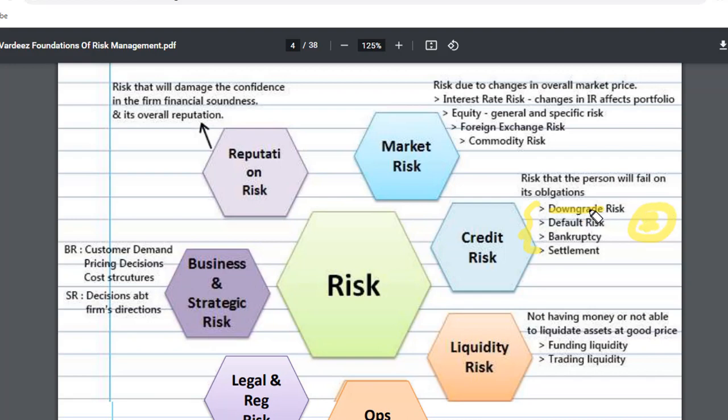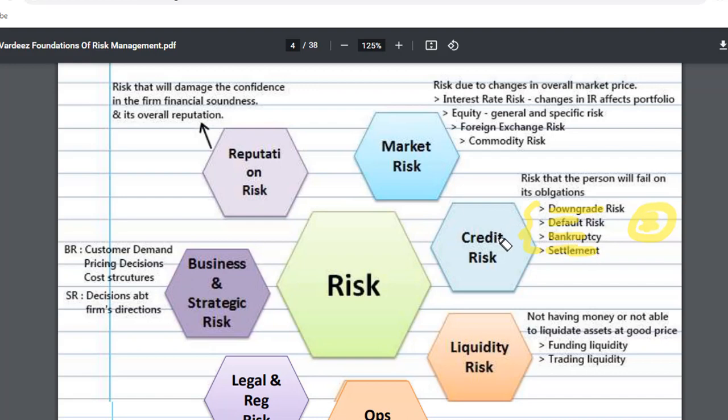The second thing is the default risk. After downgrade, this means the person is not able to pay off interest or principal payments. That is a default risk. Then finally, this issuer will file for bankruptcy. The last risk that we have is the settlement risk. He's not able to pay off his creditor. Even after filing for bankruptcy, he's not able to settle, and that's the settlement risk.